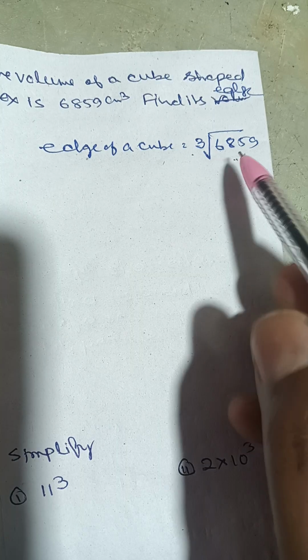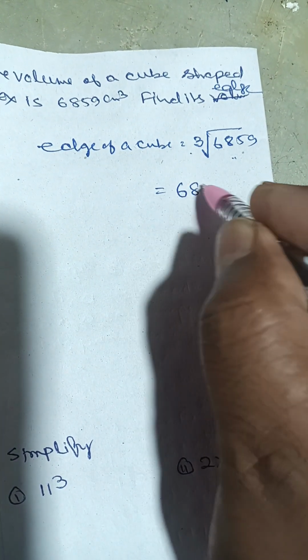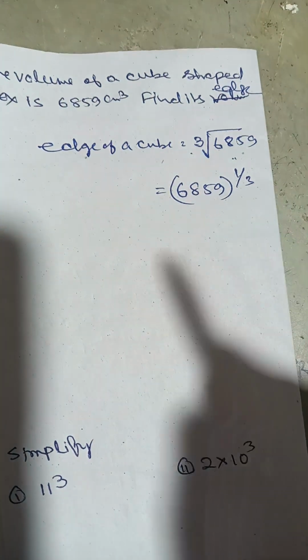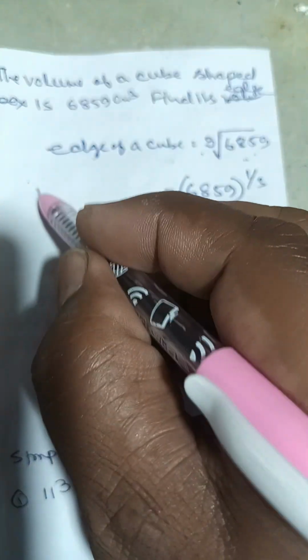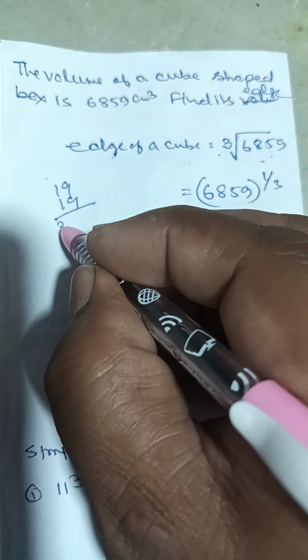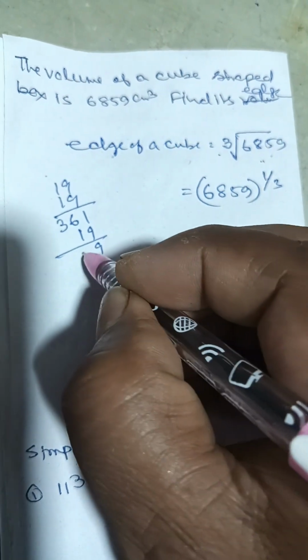Volume is given 6859. So it can be written as 6859 whole to the power 1 by 3. Okay, now you see, if we multiply 19 into 19, I know it is 361. Again, you multiply it by 19.